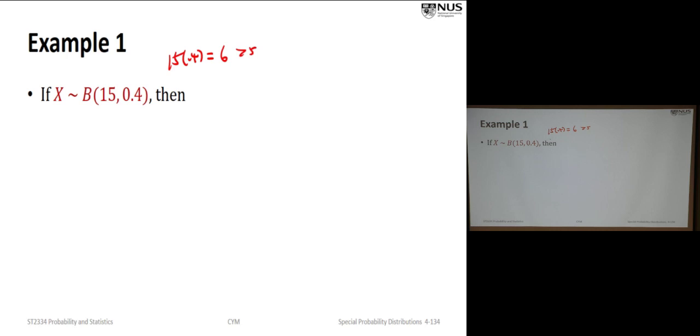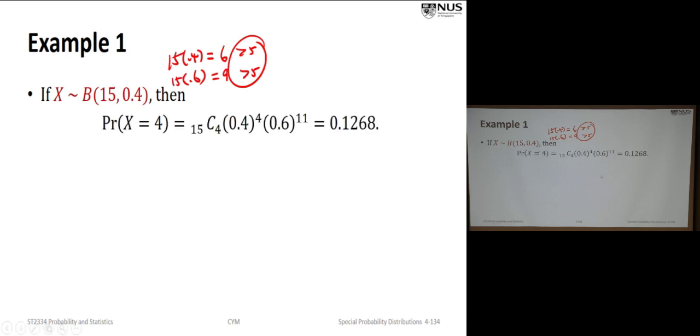I also check n times (1 minus p), which turns out to be 9, also bigger than 5. Therefore, I feel comfortable using the normal approximation. But of course, you don't have to use normal approximation. It's just to illustrate how the idea flows. All right, so the probability of X equal to 4 is 0.1268.